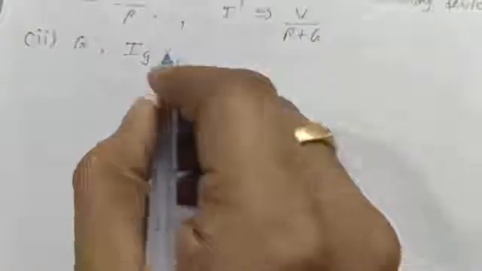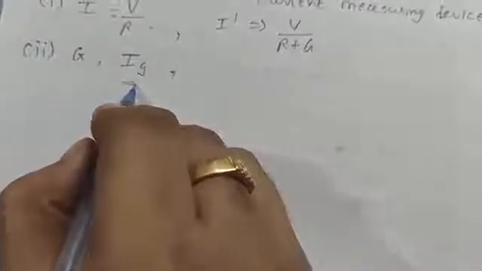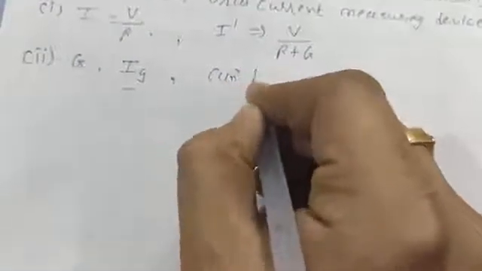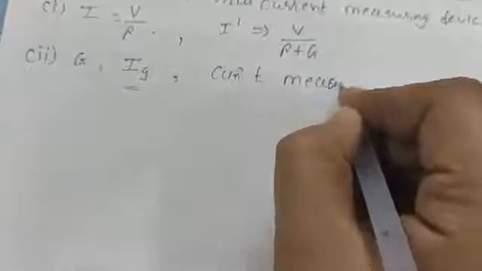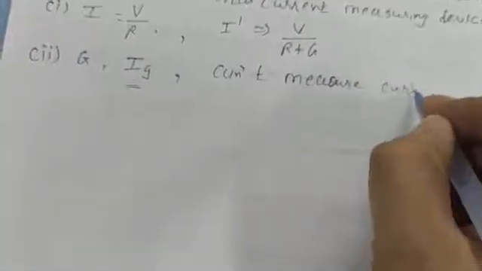Second reason: the galvanometer has one capacity. Suppose the galvanometer has resistance G, then it has current capacity Ig. Then we can say that this galvanometer can't measure a current that is greater than Ig.